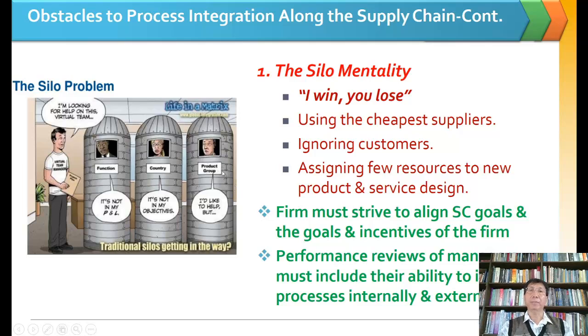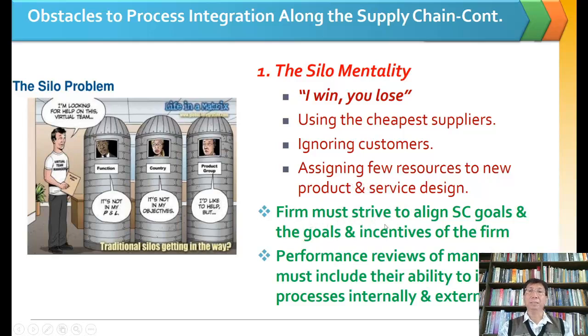We can identify the silo mentality when the partners in the supply chain have the perception of I win and you lose, use the cheapest suppliers rather than reliable or partnership suppliers, ignore the customers, and assign few resources to new product and service design.